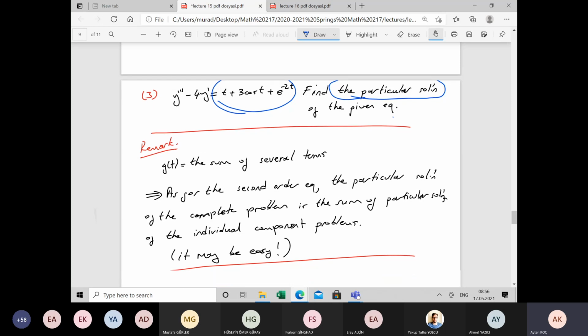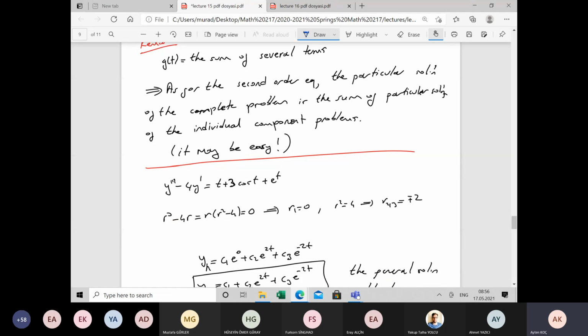It's okay. So first of all, you consider the homogeneous differential equation.